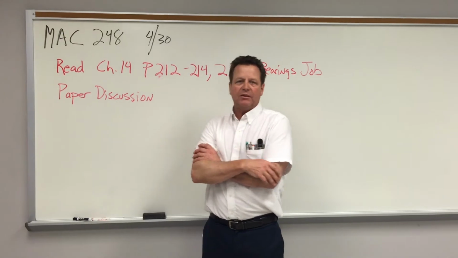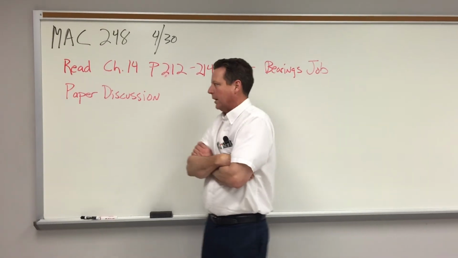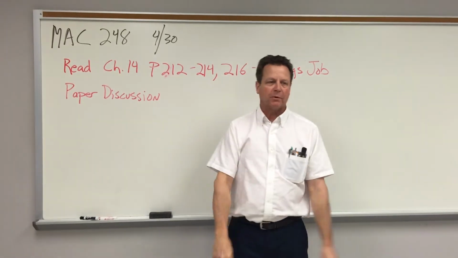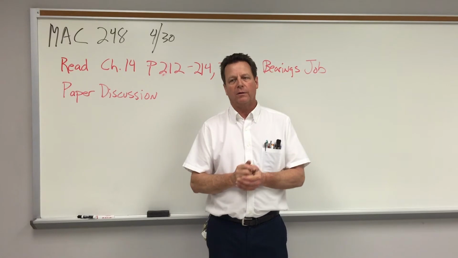Next Tuesday we'll have a detailed review for the test that we're going to have next Thursday. We then discussed the paper for a little while, and I wanted to make sure everybody knew what was required on the paper.